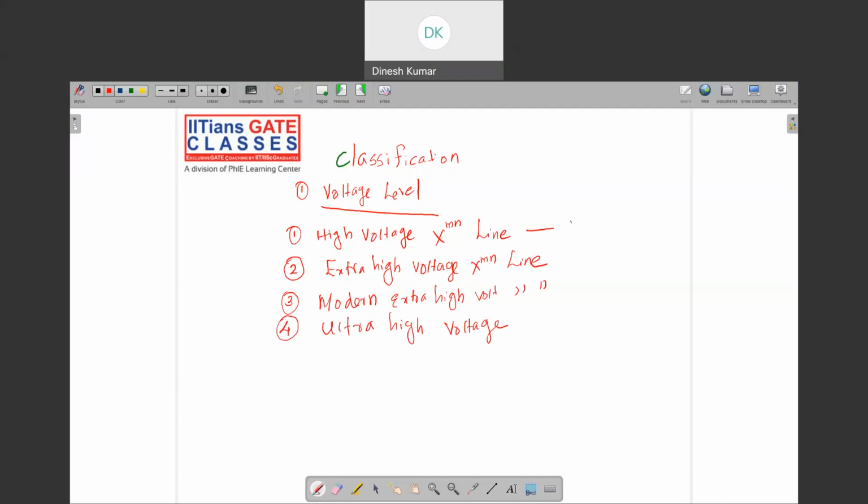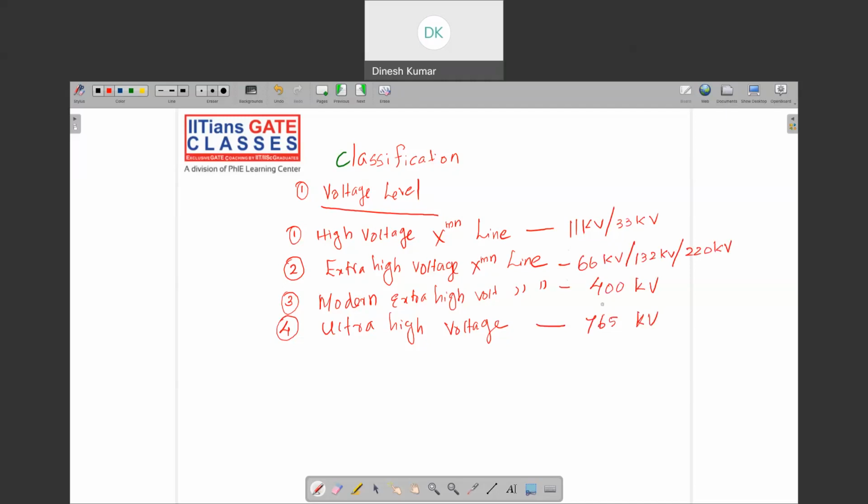This will be in 11 kV or 33 kV. This will be in 66 kV, 132 kV or 220 kV. This will be in 400 kV, and this will be in 765 kV.